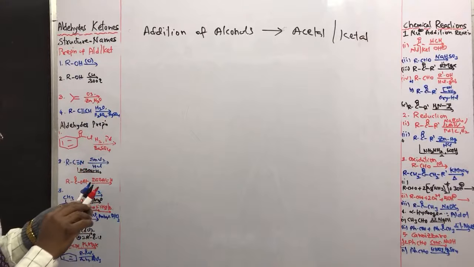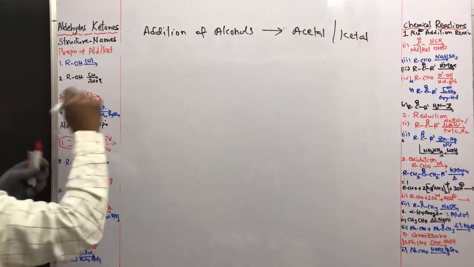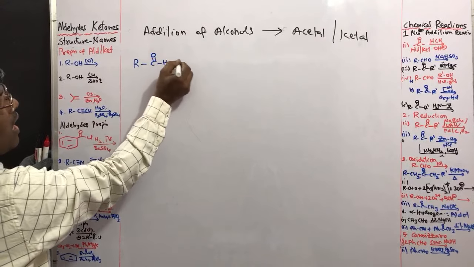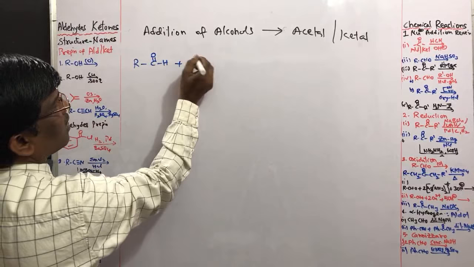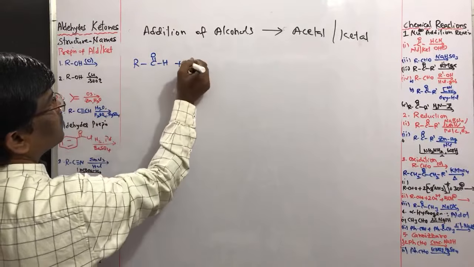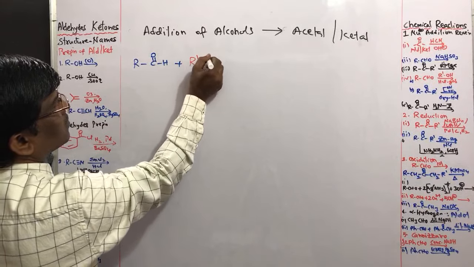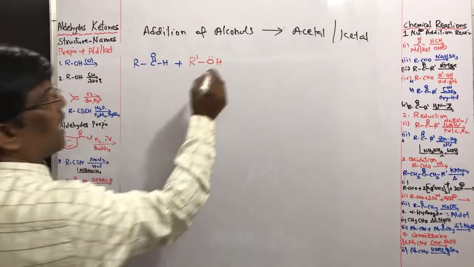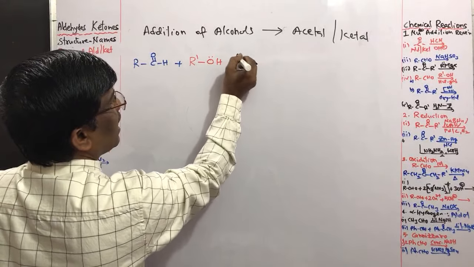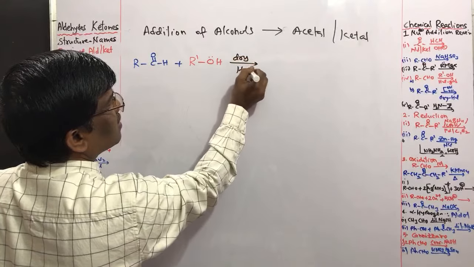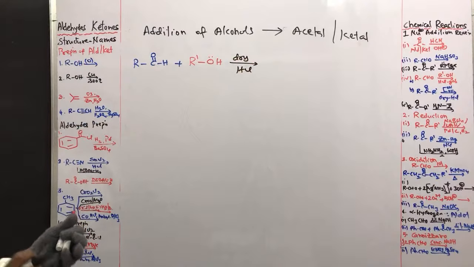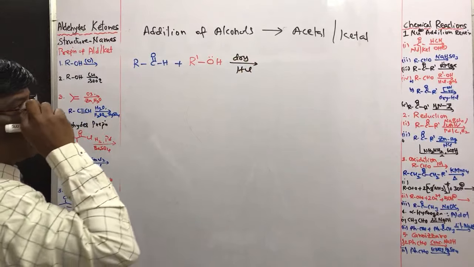So if I take an aldehyde and add alcohol in the presence of dry HCl gas, we can generate HCl gas from sodium chloride and sulfuric acid.